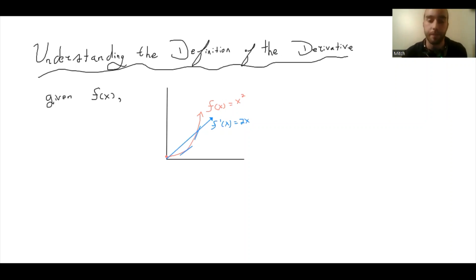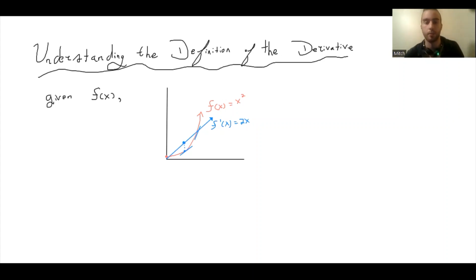But the whole idea is that at each point on this derivative, at any x value, it's giving you what that rate of change is, what the slope of this little tangent line is. So the tangent line is the line that touches it at that specific point, and its slope is the rate of change at that point.